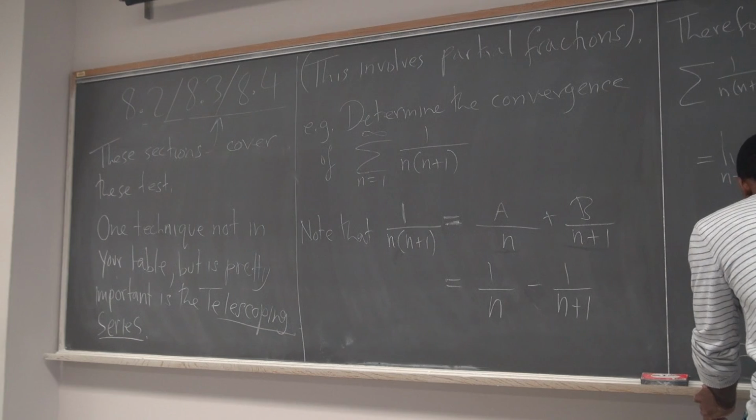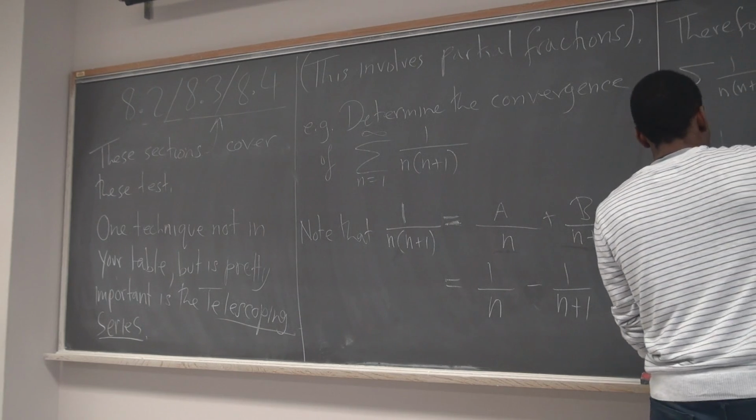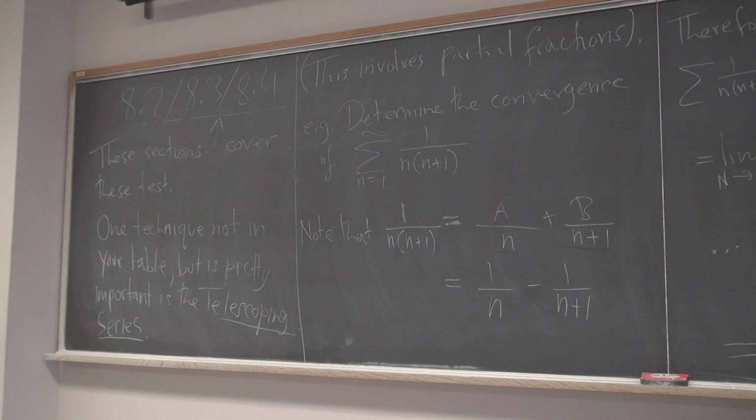N goes to infinity. What are we left with? 1 minus 1 over n plus 1. Which equals to what?